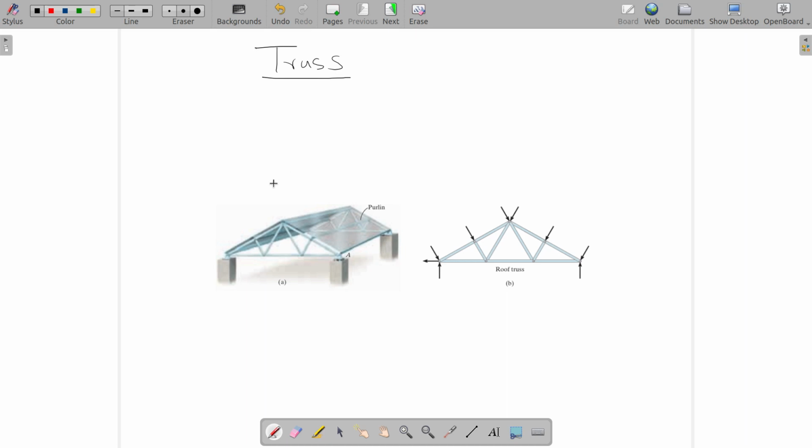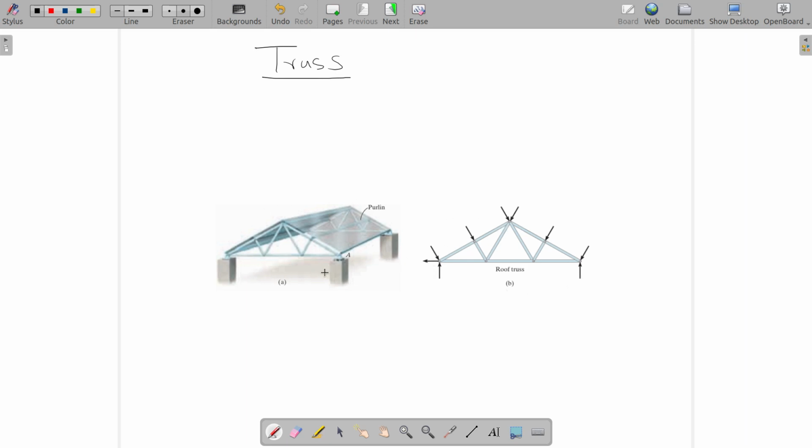So that's not a full definition, but to begin with we can say so. Here if you take a section of it, and try to draw the free body diagram of this part of the truss, we would get something like this.